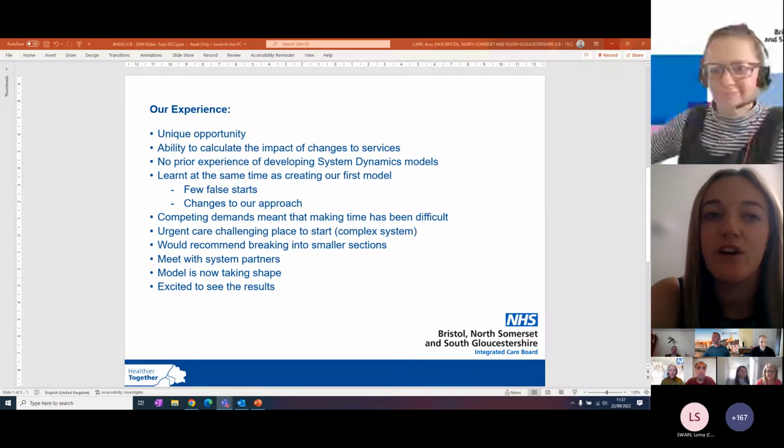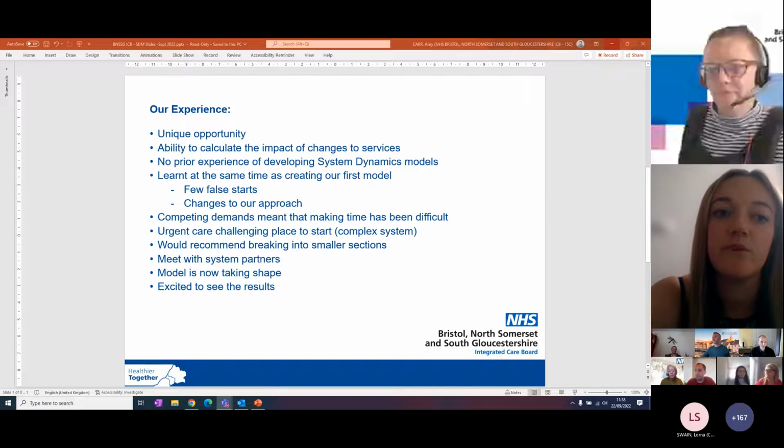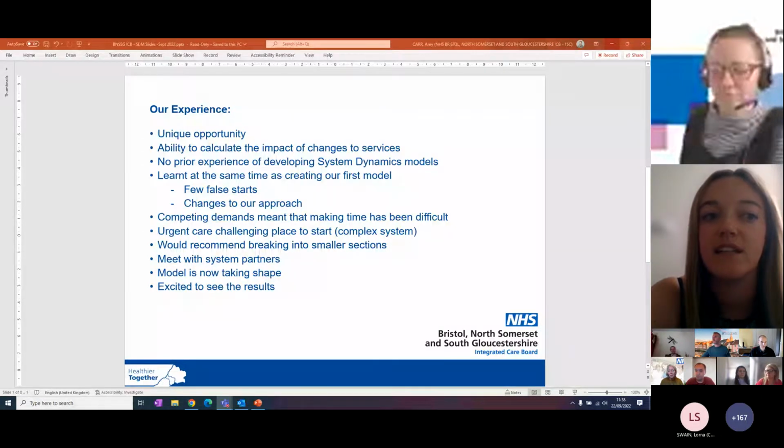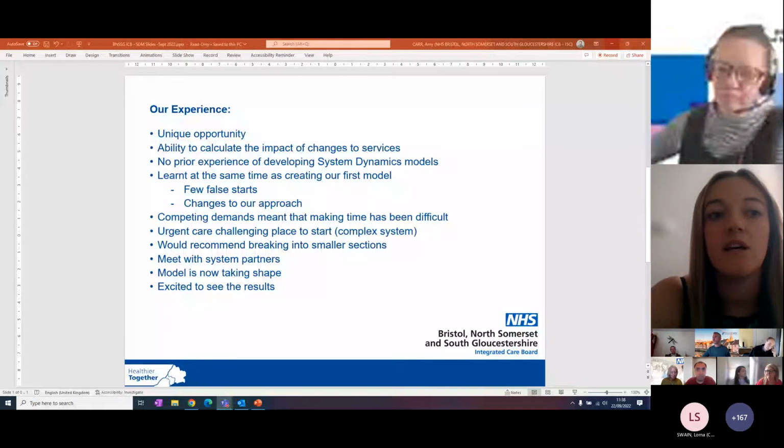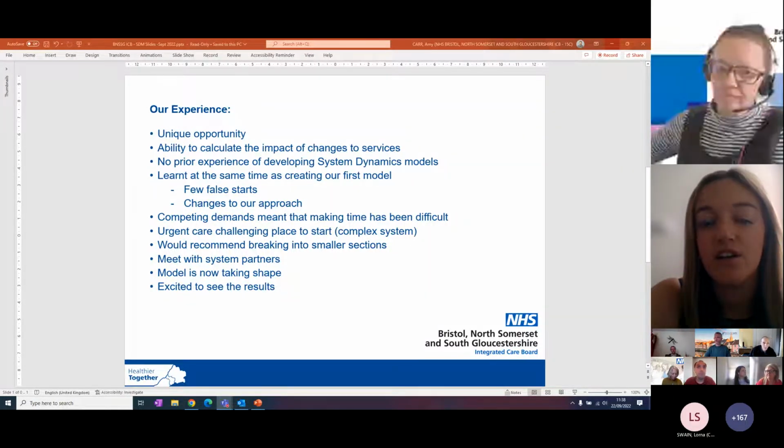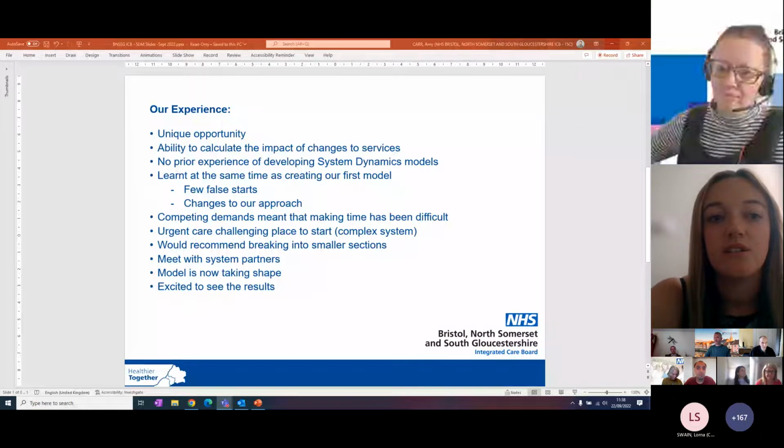So I think it would be great if there's a team of analysts to work together on it. Because I've been involved in every aspect, from obtaining the data, formatting it in the correct way, as well as then creating the model in Stella. So I would advise in future splitting up the tasks between a team of analysts.